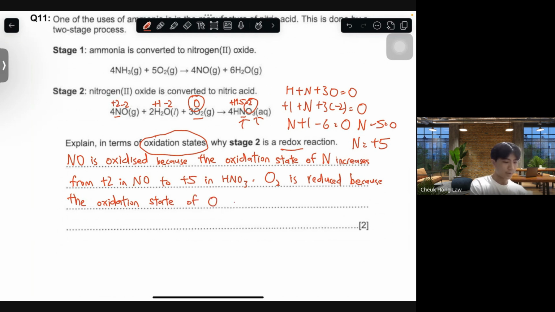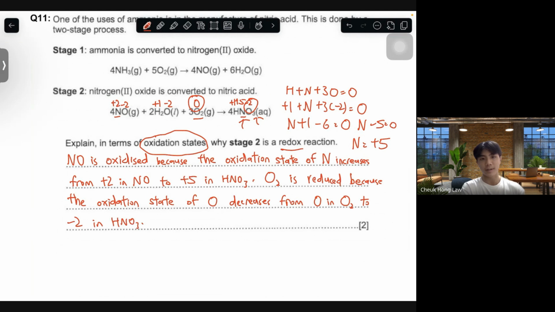Because this is reduction. So it decreases from what? From 0 in O2 all the way to -2 in HNO3. So I explained it's being reduced because the oxidation state of O decreases from the oxidation state 0 in O2 to the oxidation state -2 in HNO3.